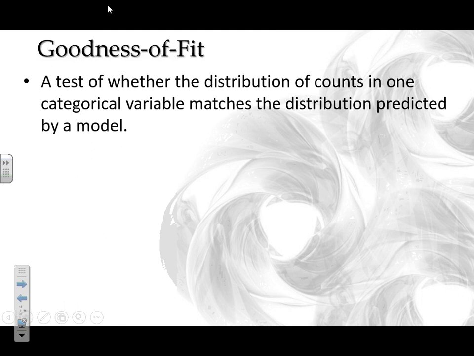I would maybe write that down because, as I said, the next couple tests that we run through on Thursday and Friday, they're all going to be very similar in nature. So a chi-square goodness of fit test tests whether the counts of one categorical variable matches the distribution predicted by a model.